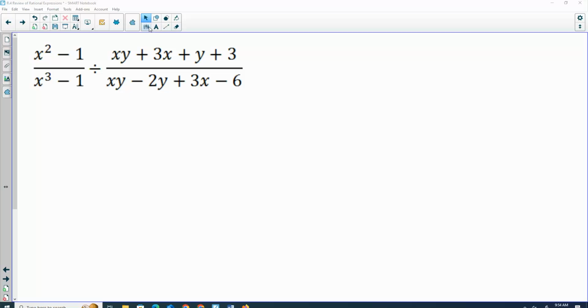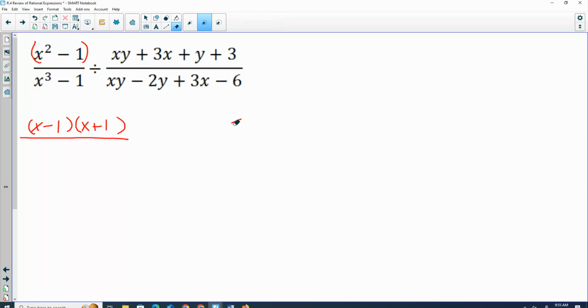By factoring everything. So if I look at the numerator of this first fraction, how do you factor x squared minus 1? Difference of squares. Alright.